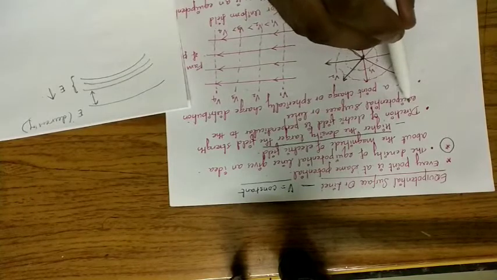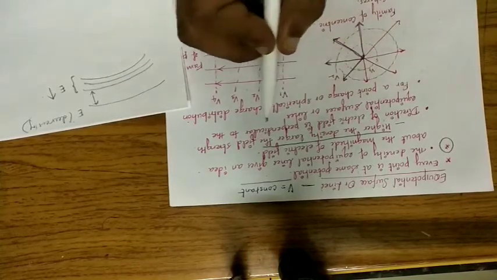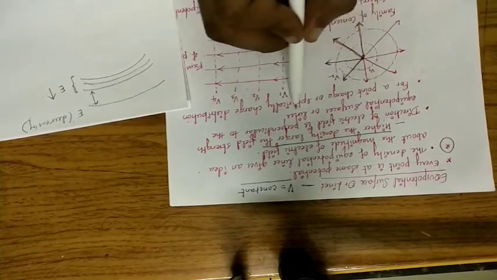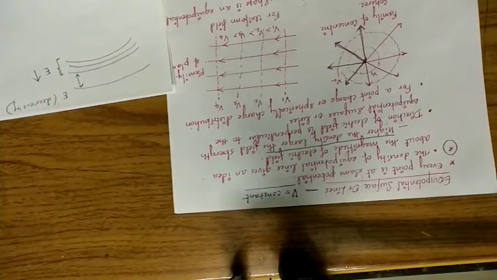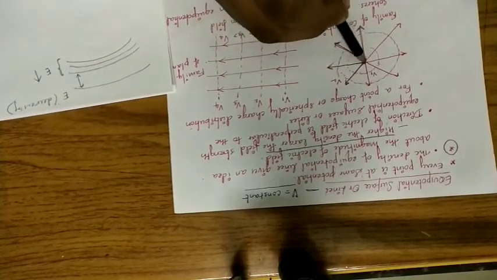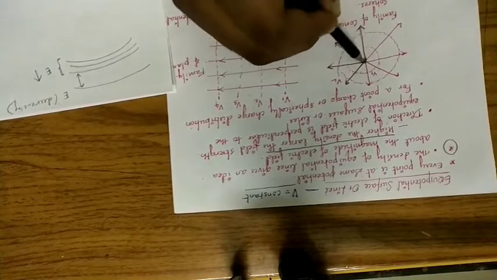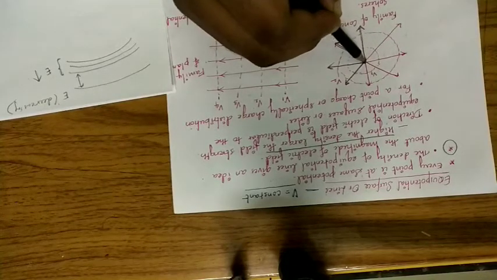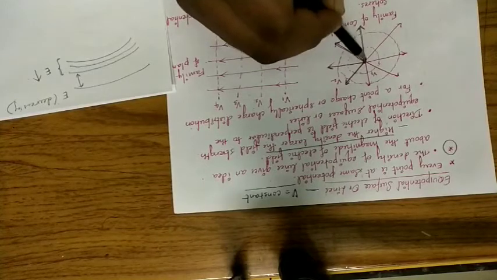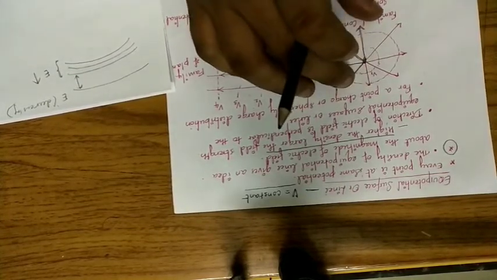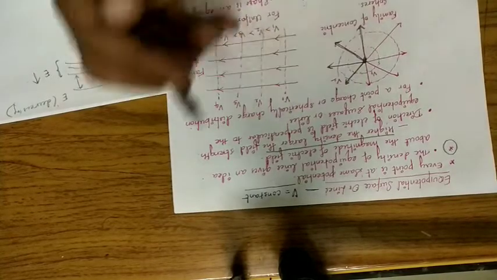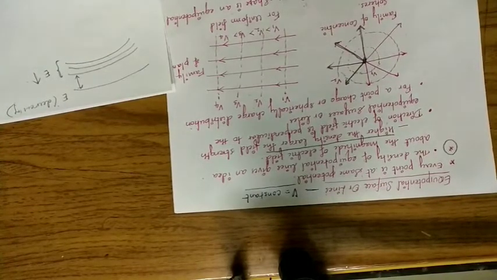The next point is that the direction of the electric field is perpendicular to the equipotential surfaces or lines. As you can see here, I have taken a point charge. The electric field from the point charge is spherically symmetric, so the field lines point radially outward. The equipotential surfaces are then a family of concentric spheres, that is, spherical shells.